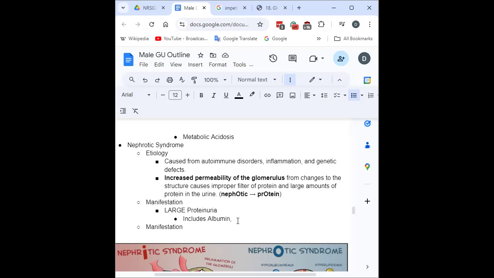Your liver makes albumin. It's also making a different type of protein. Bilirubin, I don't think bilirubin technically is a protein.